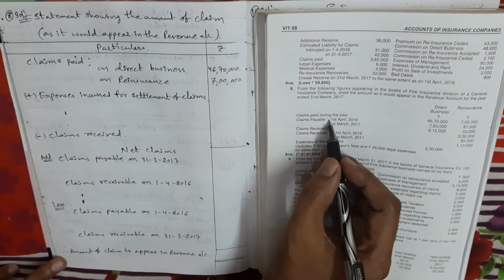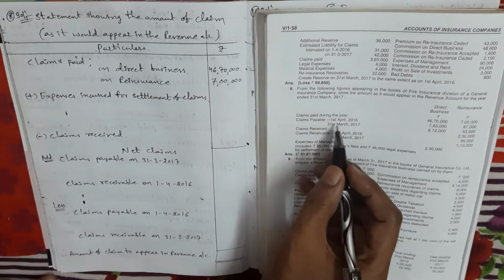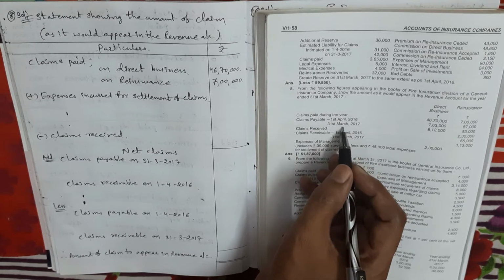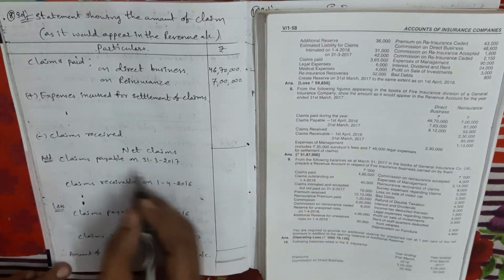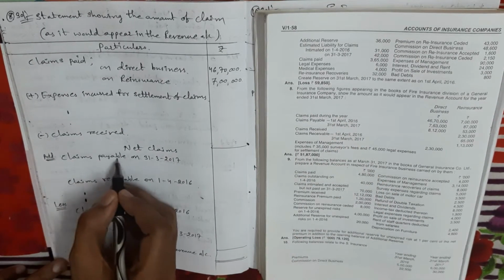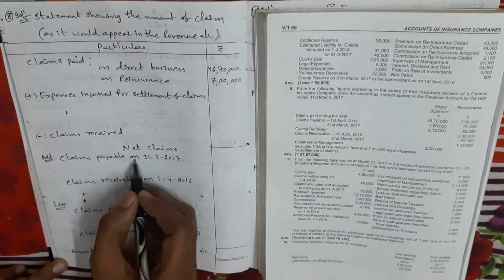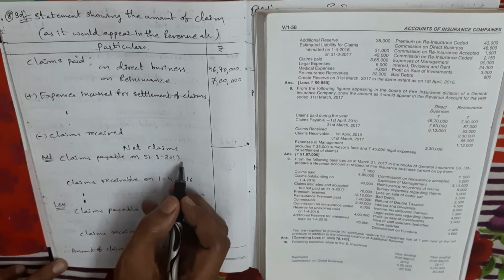Next, claims payable. Opening balance we have to subtract, closing balance we have to add. See, add claims payable at the end of the year. Claims payable on 31st March 2017 means at the end of the year.